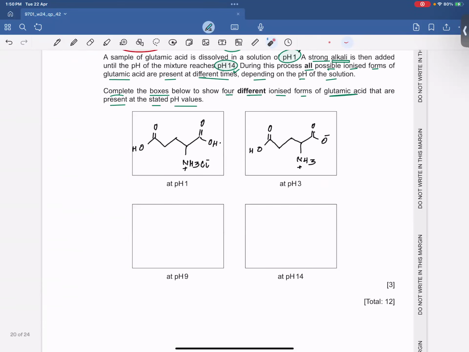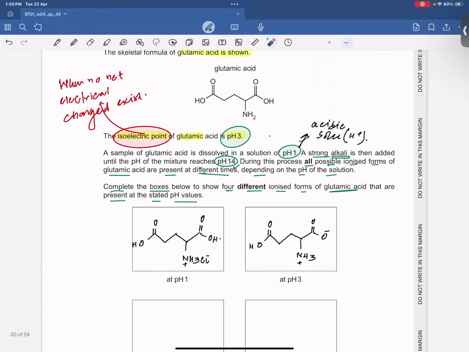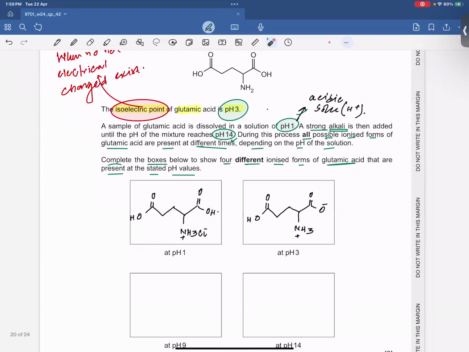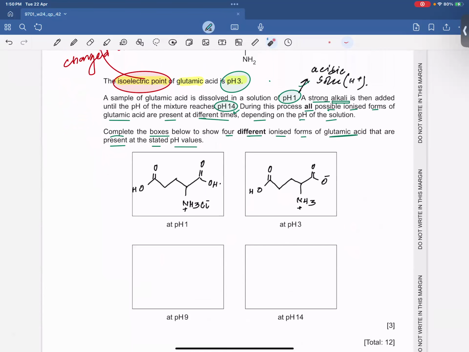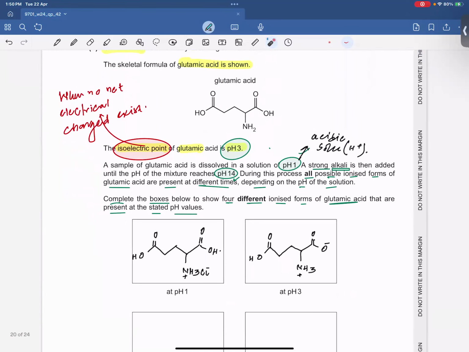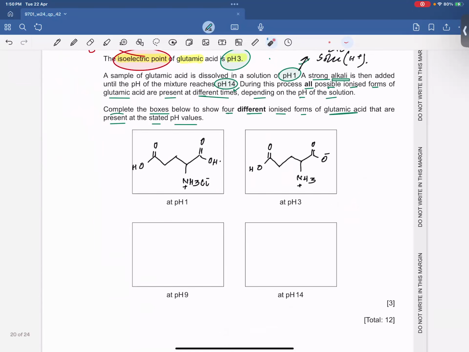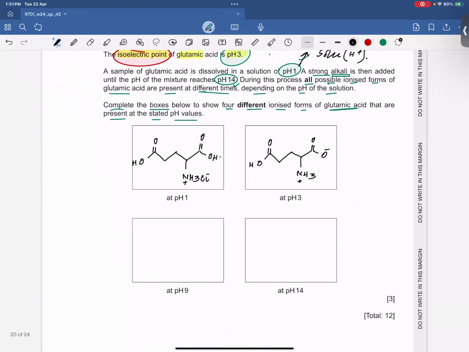Oh god, pH 9, medium is alkaline. If medium is alkaline, obviously both of these will deprotonate. pH 9 is a weak base. Weak base, this can also deprotonate, this can also deprotonate, both could. Both will not, because pH is 9.